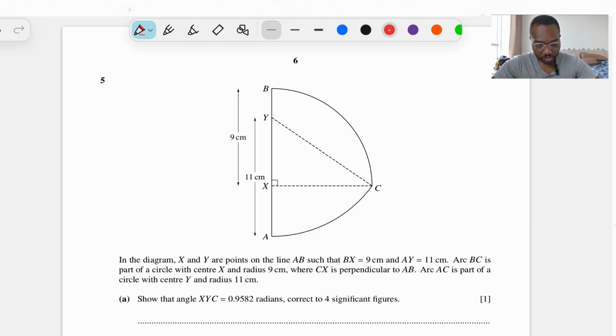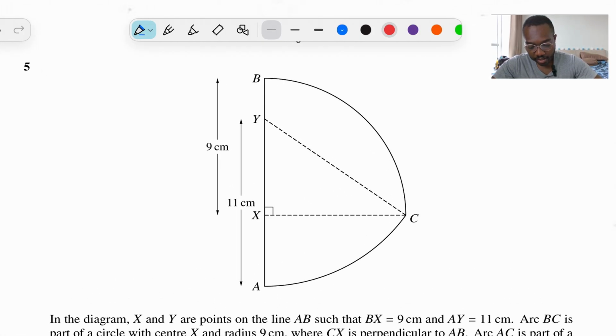And we must show that angle XYC is equal to 0.9582 radians, correct to 4 significant figures. Okay, so what we need to do is show that this angle here is equal to 0.9582. So let's call this theta.